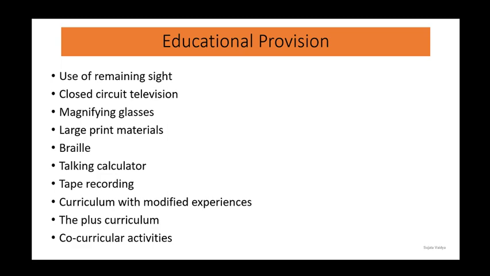We cannot use visual aids to teach these particular students, so we have to use audio aids, such as a talking calculator and tape recording. Also, we have to use a modified curriculum which meets the needs of the visually impaired child. We can use the plus curriculum and different co-curricular activities.